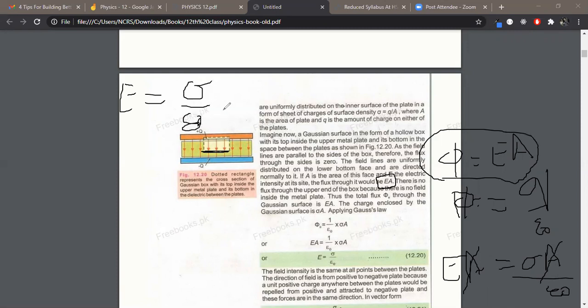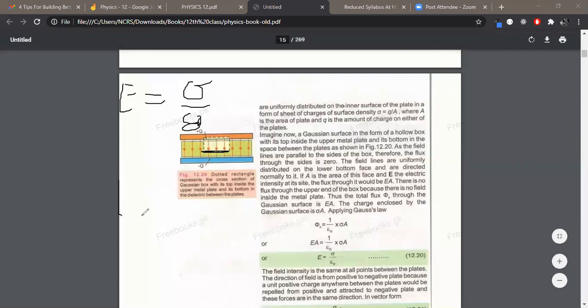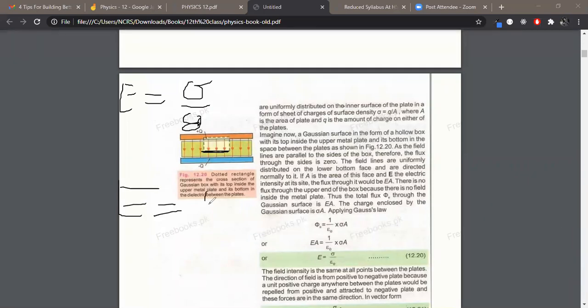So we have two equations up till now for the electric field in different scenarios. One scenario is the infinite sheet of charges, and in that case the formula for electric field is sigma by 2 E naught, and the other one is the electric field between two oppositely charged plates, and the formula for that is E equals sigma by E naught.